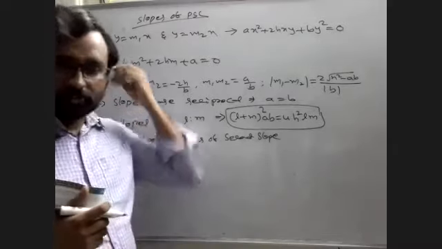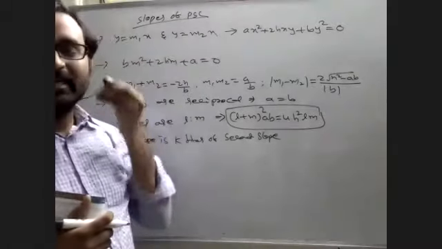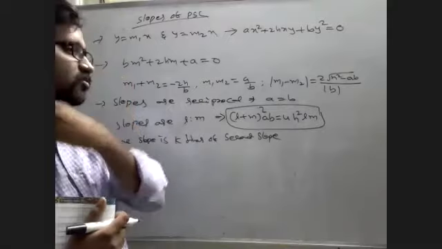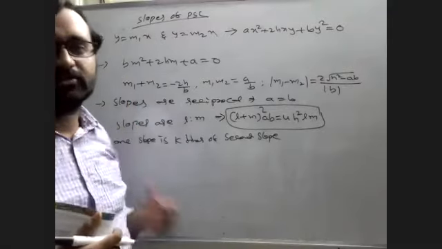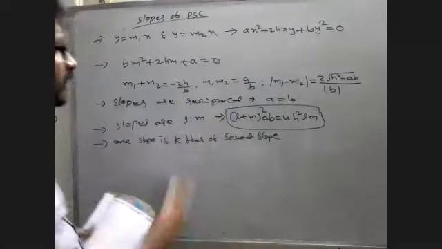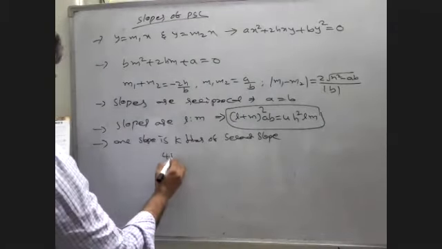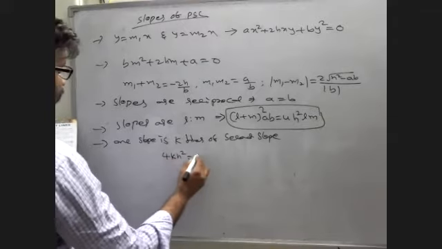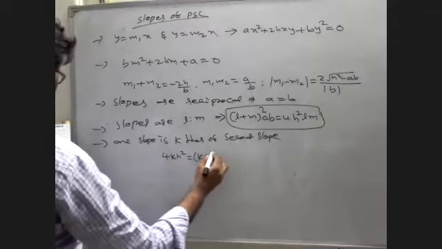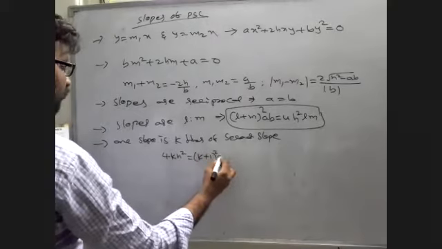If one slope is K times the other slope of this pair of lines, then the condition is 4KH square is equal to (K plus 1) whole square into AB.